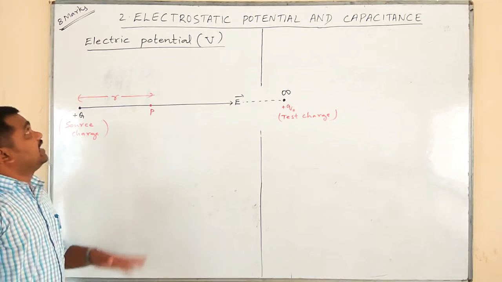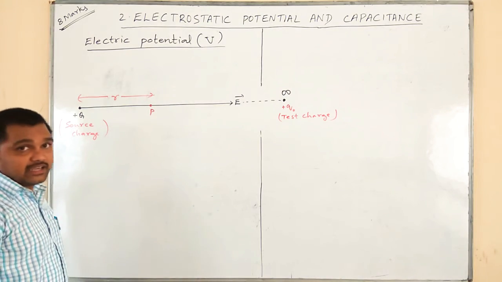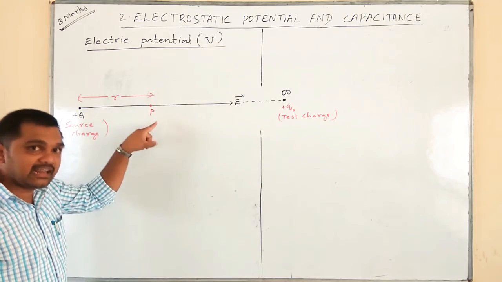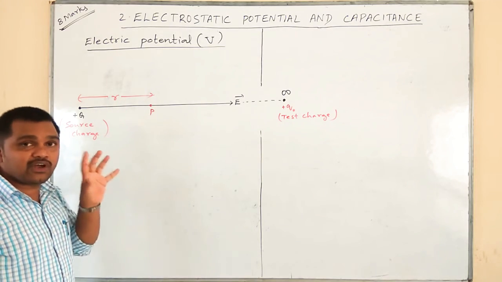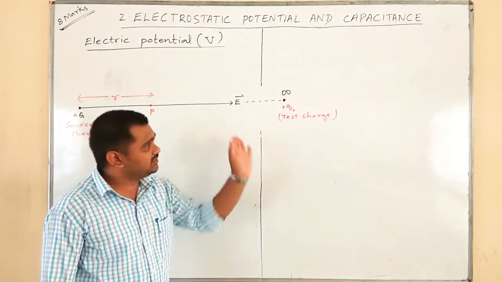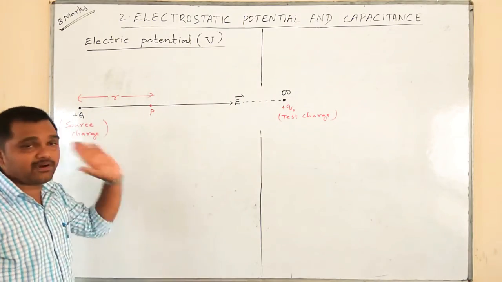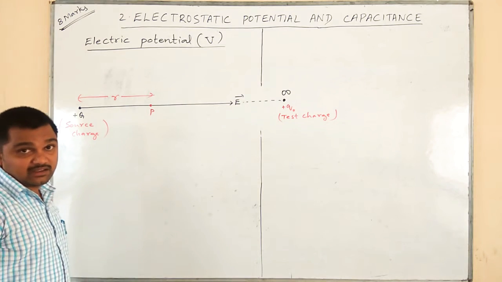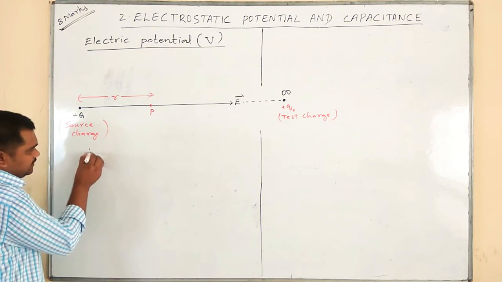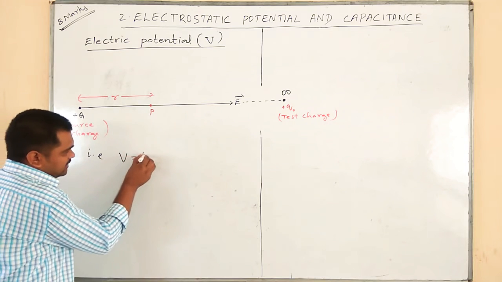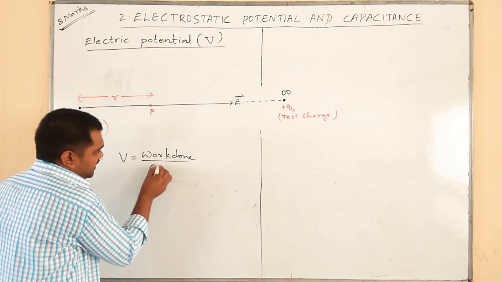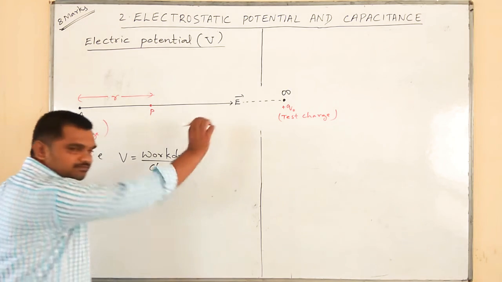Let me repeat the definition for electric potential again. Electric potential at a point in an electric field is the amount of work done in bringing a unit positive test charge from infinity to that point against the electric field direction. Now, electric potential is given by the work done divided by charge.